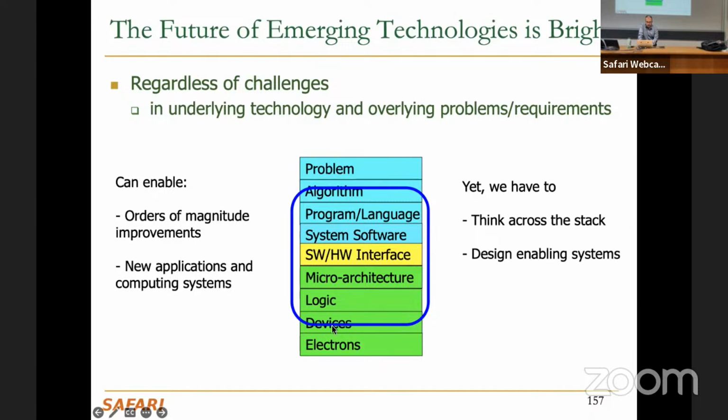Here is a very good example: you have a new device, this emerging memory technology, and you can design different techniques, like we have observed, at the microarchitecture and software levels, and people have done work on algorithm design, such as how you can change your algorithm in order to have fewer writes, for example.